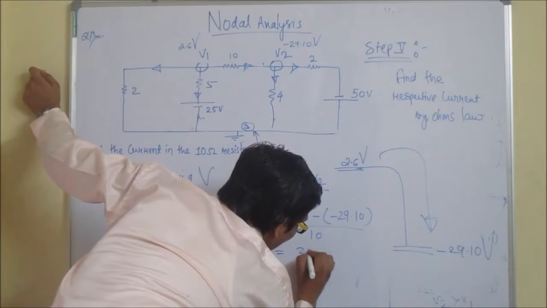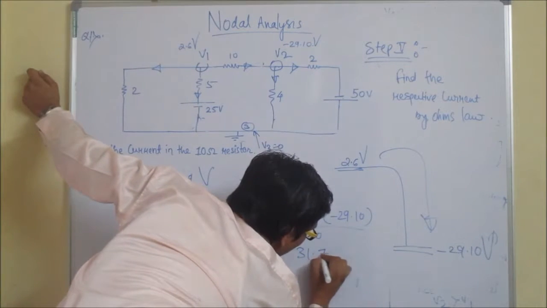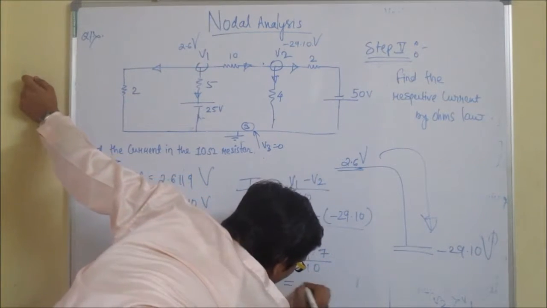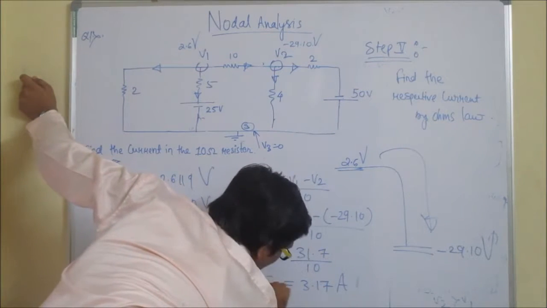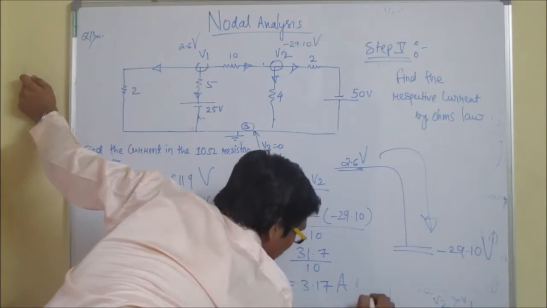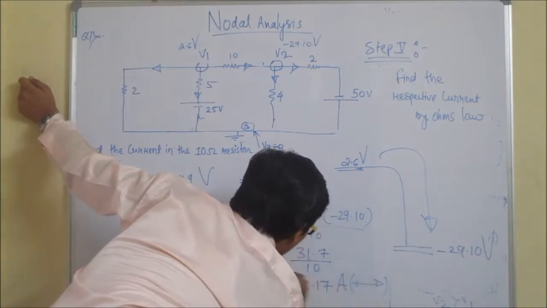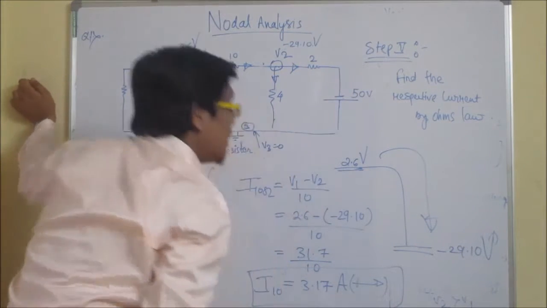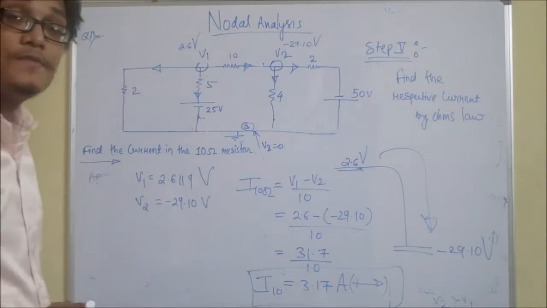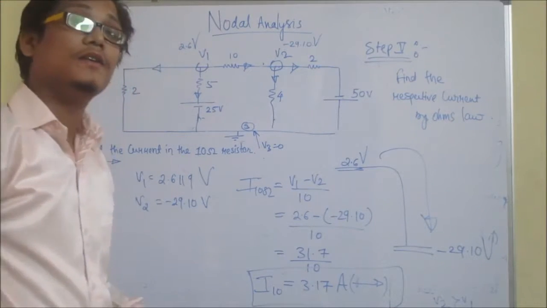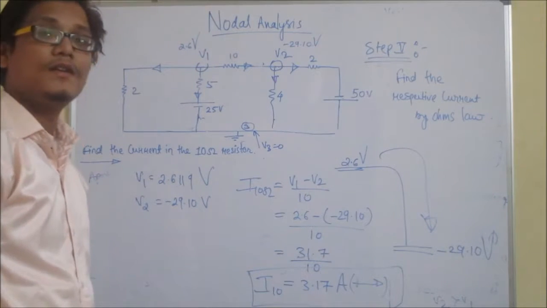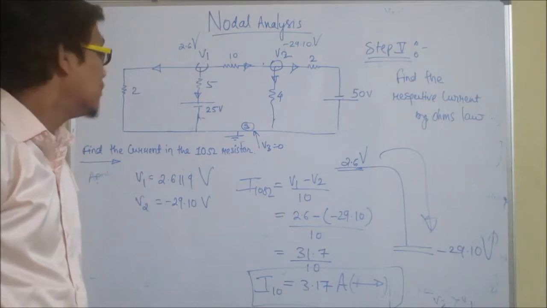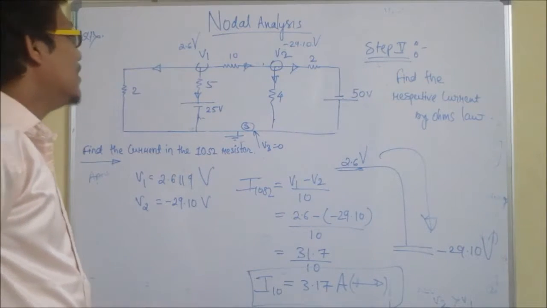It will be 31.7 divided by 10. That is 3.17 amperes towards right. You should always specify the direction because current is a vector and a vector has magnitude as well as direction. If you have not specified the direction, then your answer is only partially right, not fully. This is our value of current.